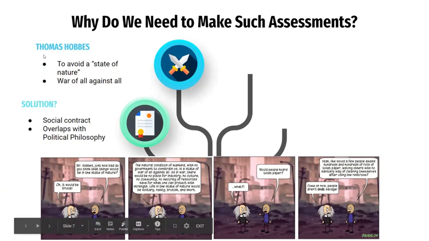Hobbes famously says that we need to determine our social and political philosophy, and in consequence our ethics, to avoid what he called a state of nature, right? Because without laws, without ethics, it's essentially just a war of all against all. So think of the Walking Dead examples, the dystopian post-apocalyptic, no government, no state, everyone just kind of does what they want. So a sense of anarchy.